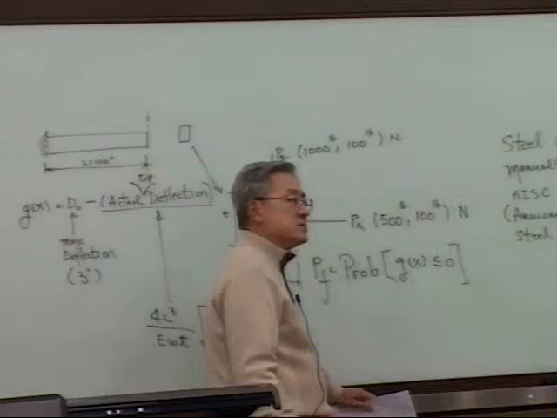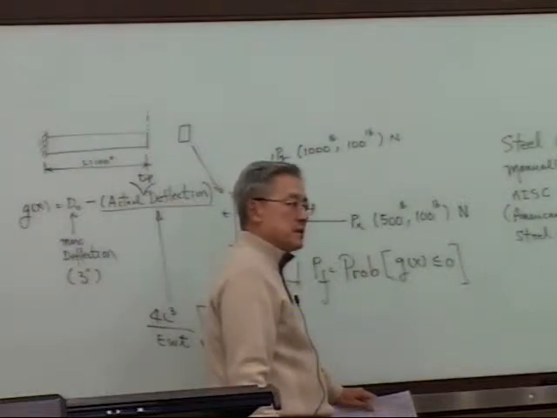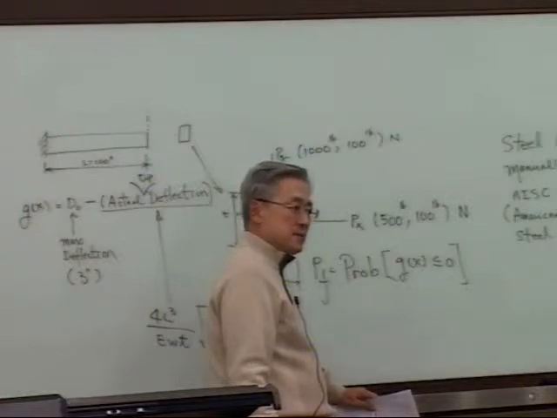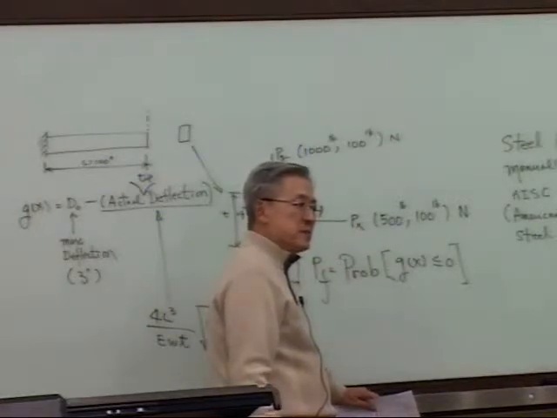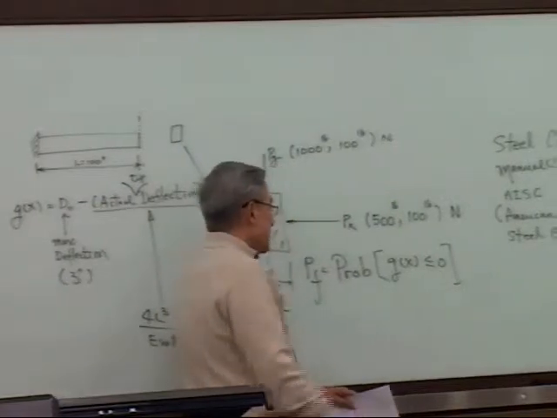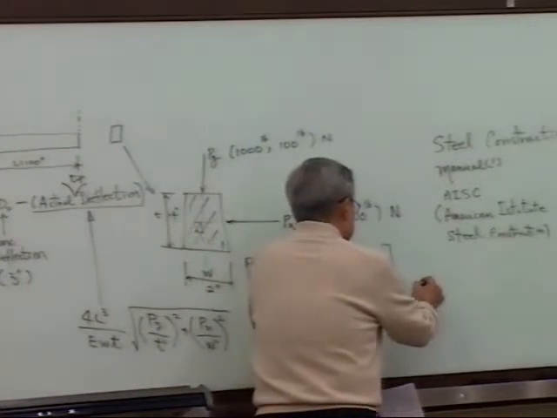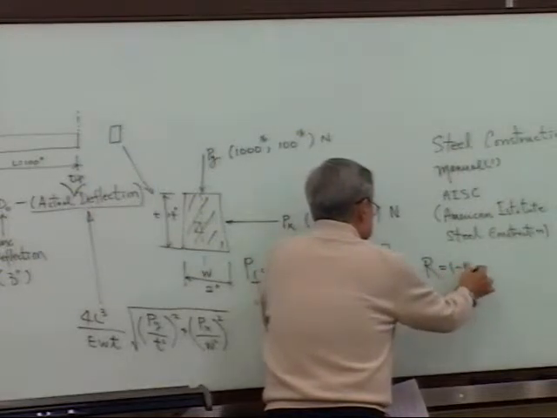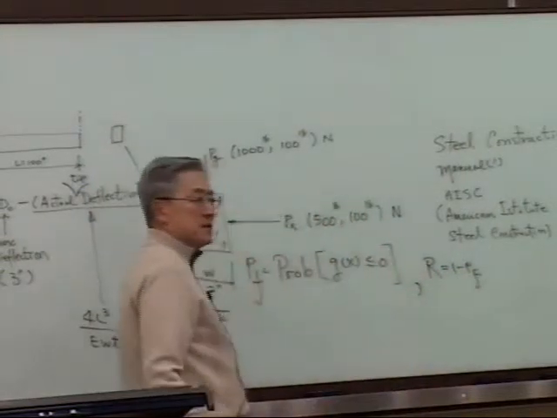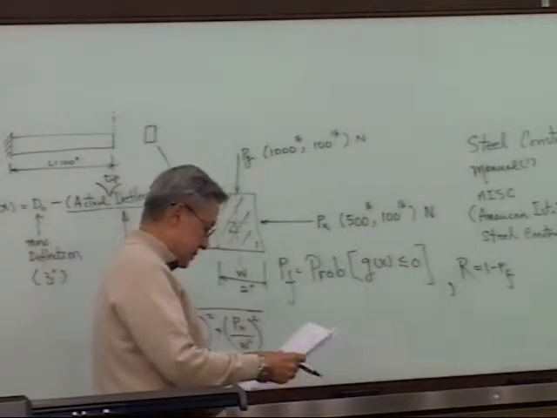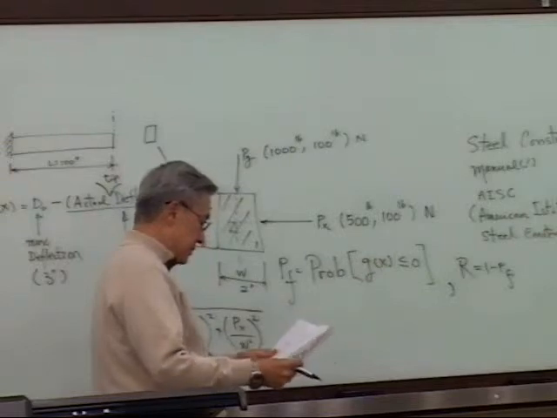So it's a matter of reliability calculation or probability of failure calculation. You expect a very small value, right? Or you can compute the reliability R, which is 1 minus PF. Okay, so let's do the calculation.